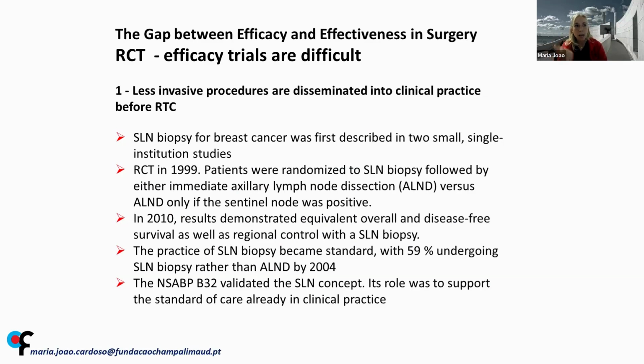In fact, the randomized trials only presented their results around 2010. That was when it was established that this was a safe procedure and non-inferiority was proved. But in 2004, everybody was using this all around the world.